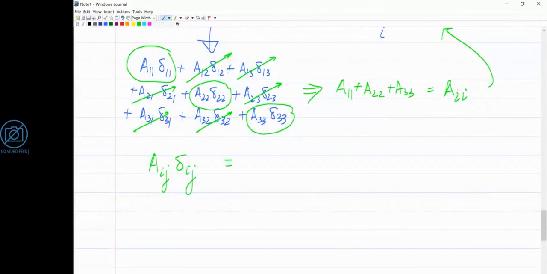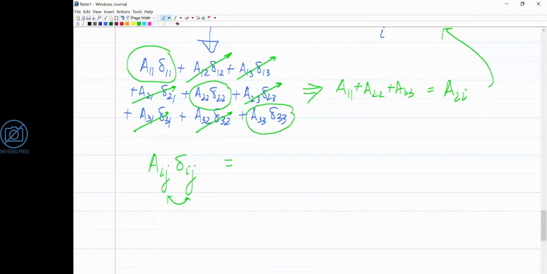Here you have i and j both repeating. Just take one of the indices, let us say j. What Kronecker delta does is it annihilates that repeating index. It annihilates the summation of the repeating index. It gets rid of the summation and replaces that repeating index with the other index of Kronecker delta.